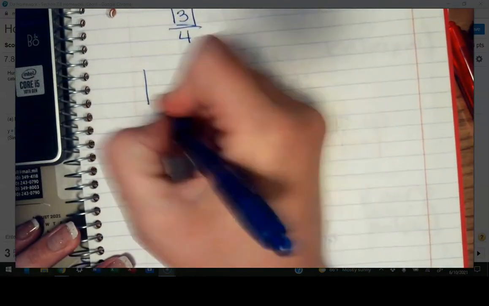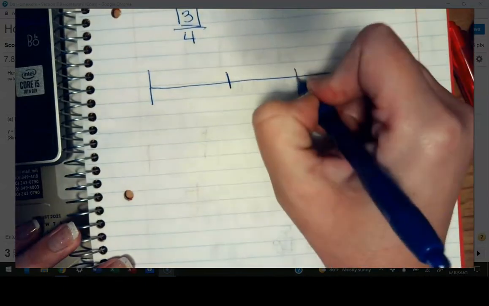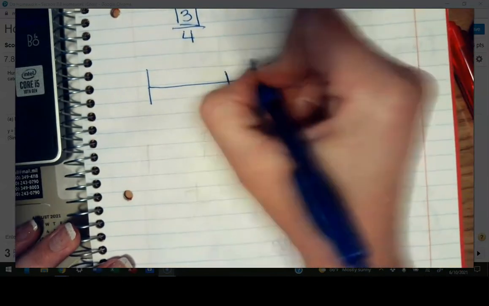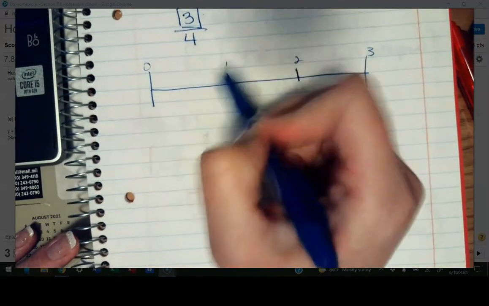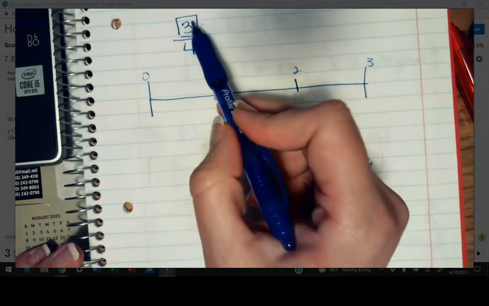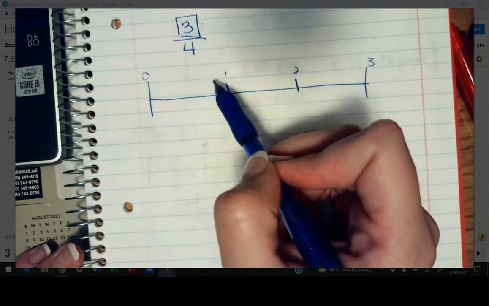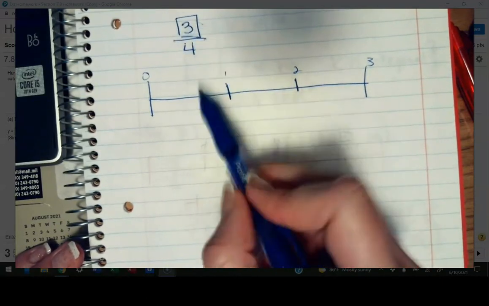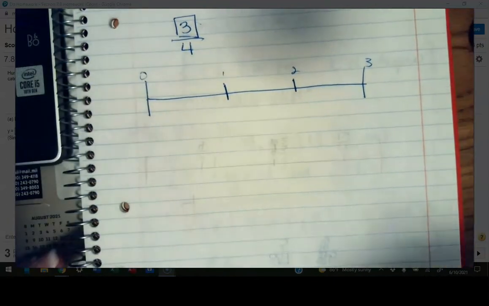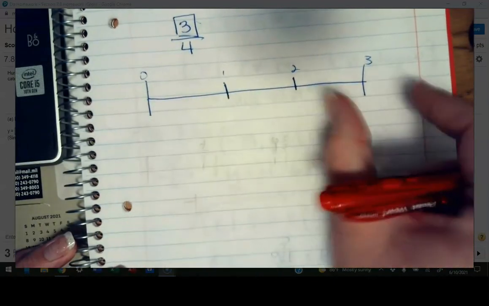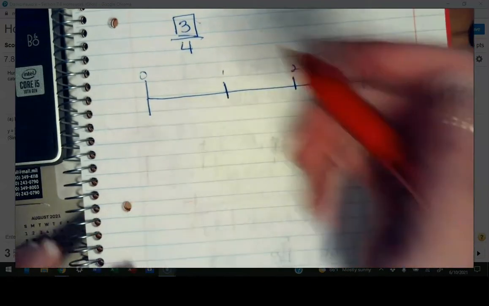So if this is 0, I've got 1, and then 2, and then 3. Luckily, this little ratio right here is perfect. If it was improper, I would just change it into a mixed number. So every 3/4 of a unit, I will have 4 equal units. They're just going to be lengths of 3/4.